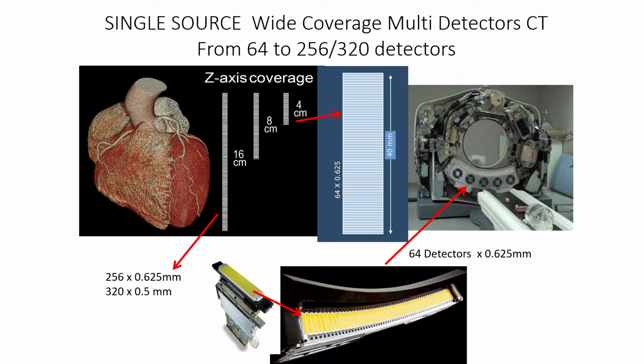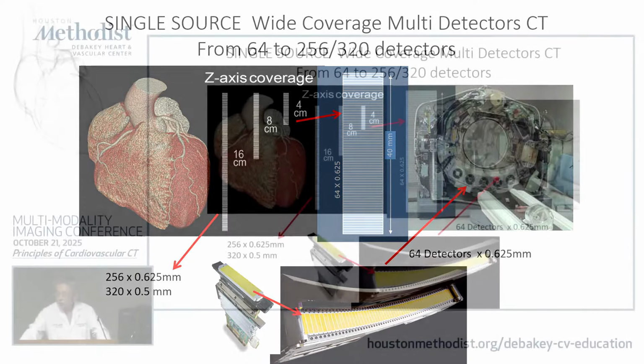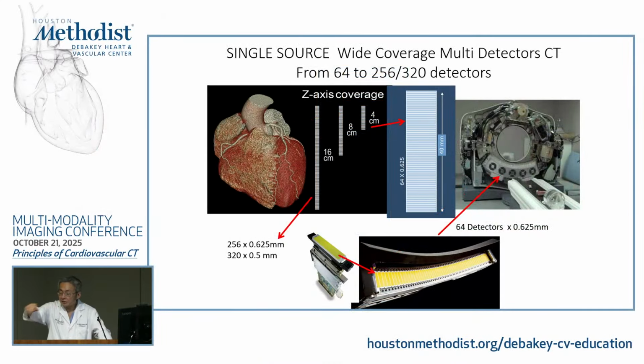So essentially, the table doesn't have to move, meaning that the detector is so wide that it covers the whole heart, right? So every single study will essentially be a prospective gating study, right? Because you don't need to move the patient. The table doesn't have to move. Does it make sense? So there's no helical scan.